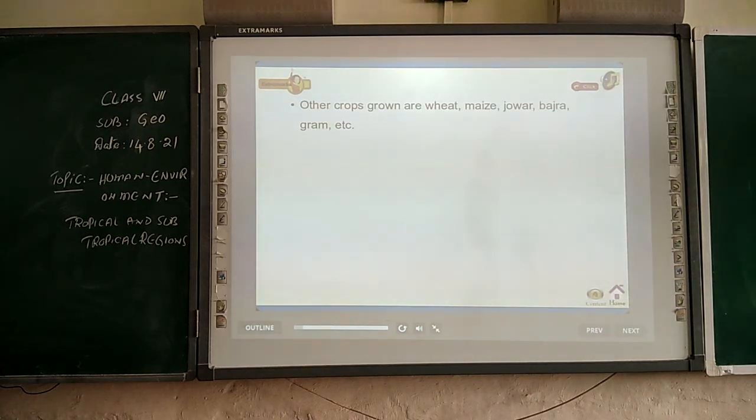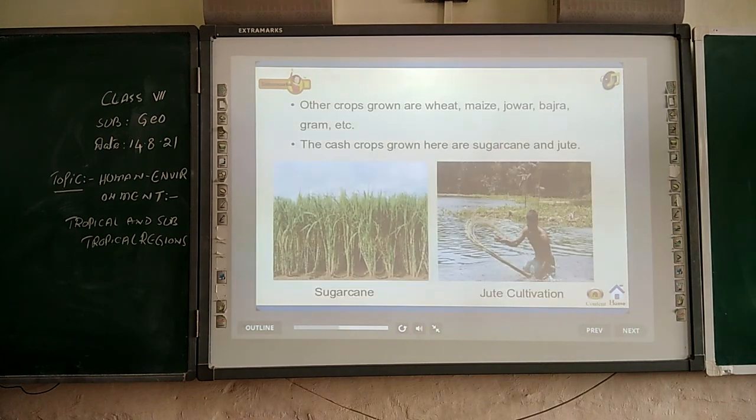Almost all the food crops, almost all the cereal crops. The cash crops grown here are sugarcane and jute. Commercial crops, yes.